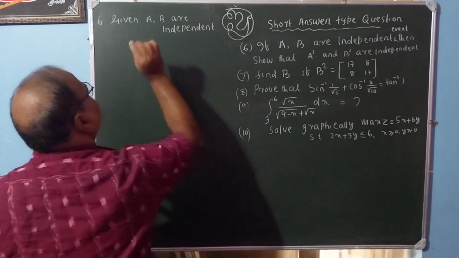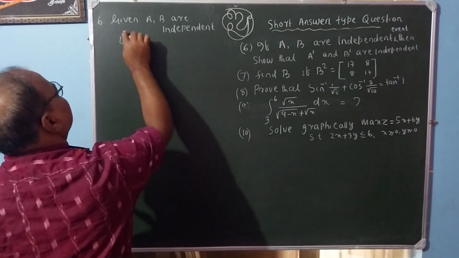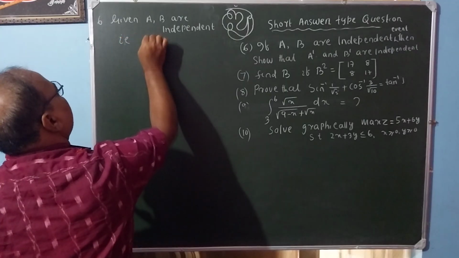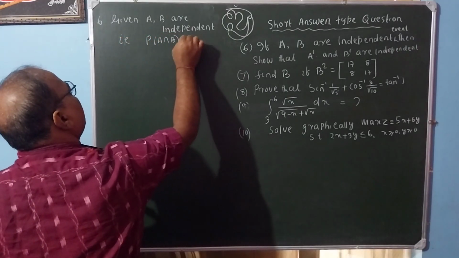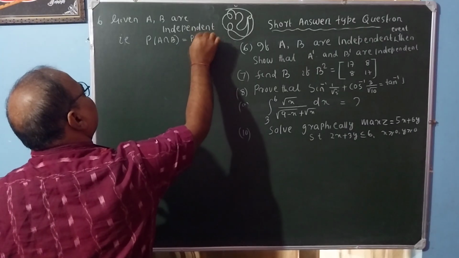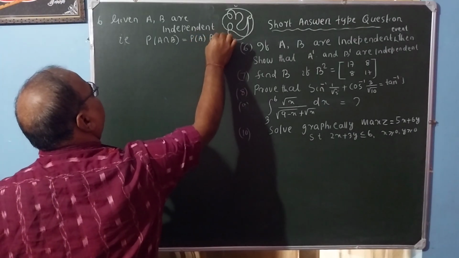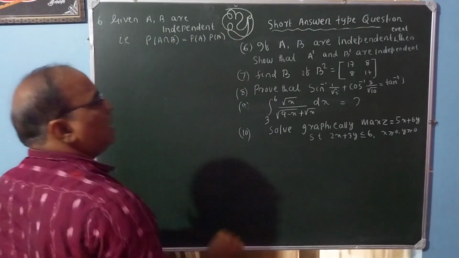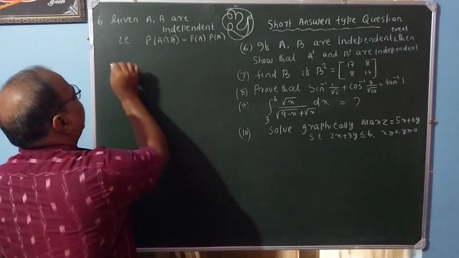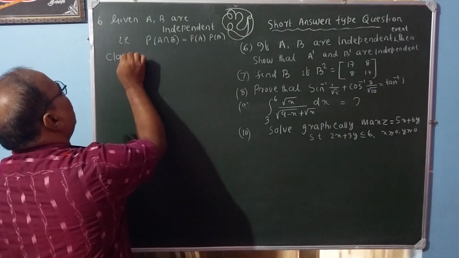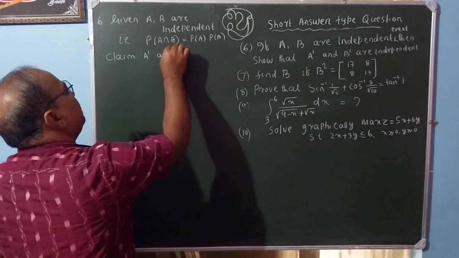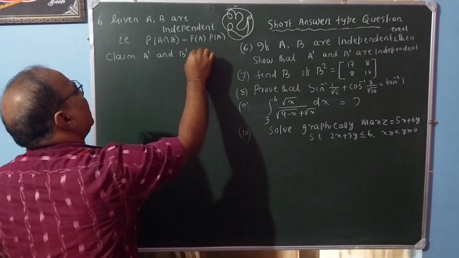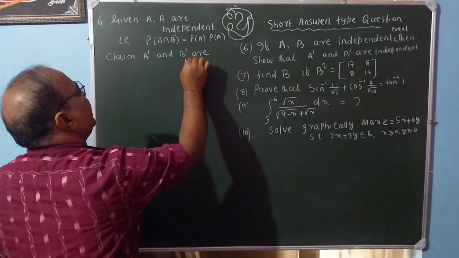That means probability of A intersection B is equal to probability of A into probability of B. It is given. Our aim is to prove that. Write down claim. Claim means to show A dash and B dash are independent.